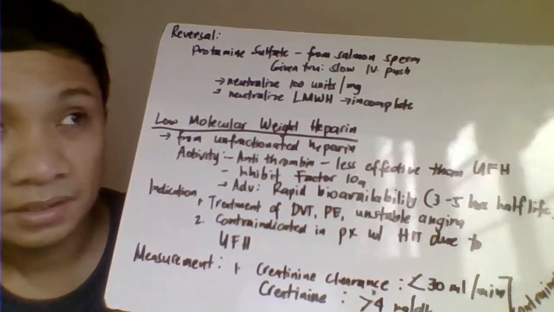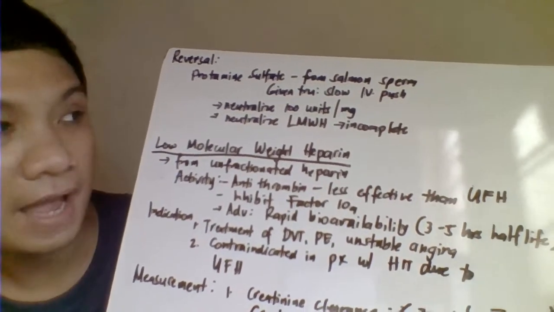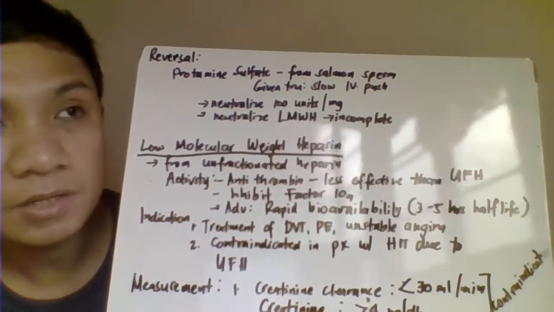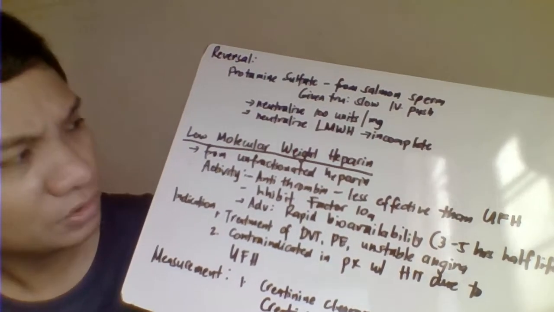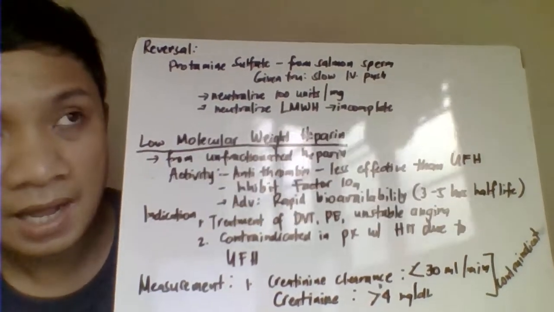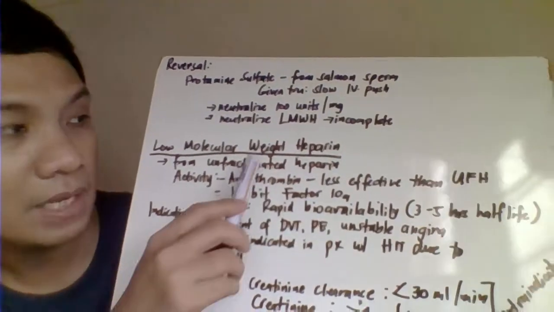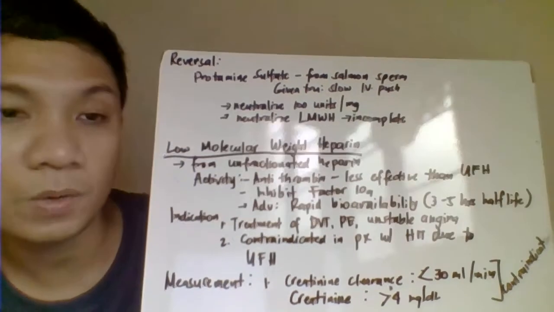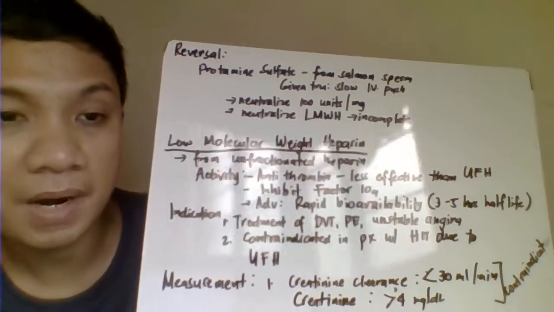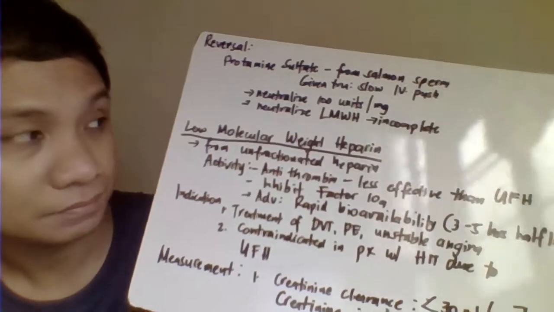Okay, so protamine sulfate could neutralize 100 units of your heparin per milligram. Your protamine sulfate could also neutralize your low molecular weight heparin, which is the next na anticoagulant natin. Only that one, we're able to have a partial lang na reversal or activity.